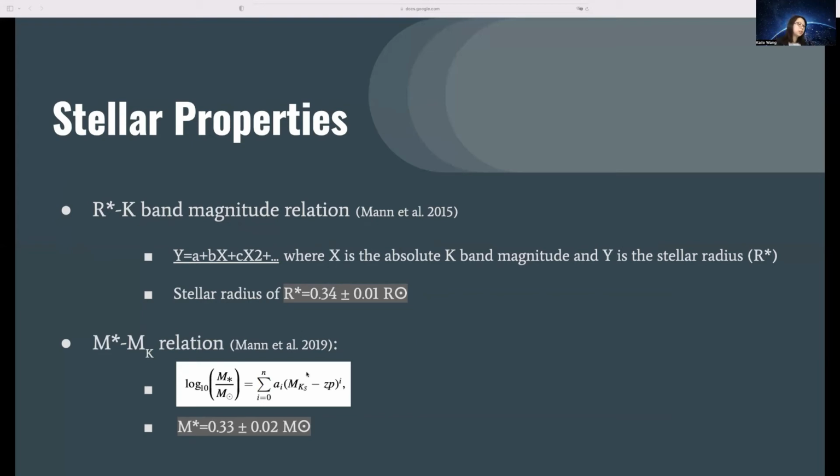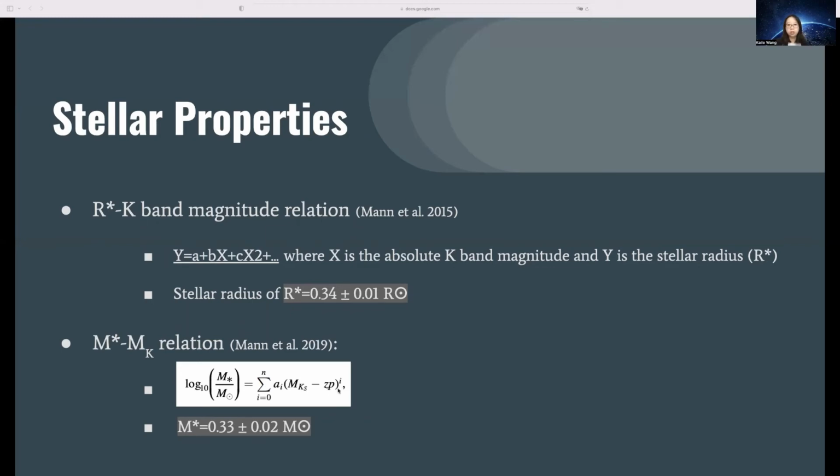Also, the mass of the star TOI-2136 could be calculated using the mass and K-band magnitude relation, illustrated in this equation, where a_i is a fitting coefficient, n is the order of the fit, and ZP is the zero-point magnitude.